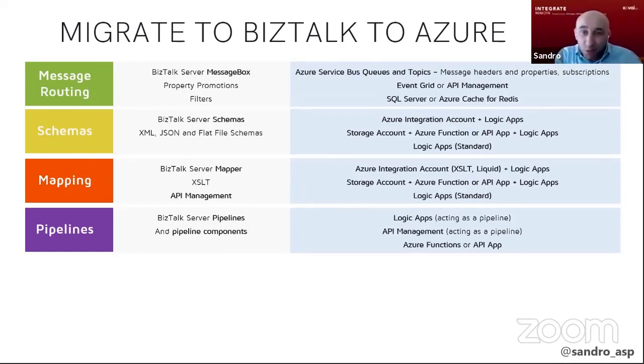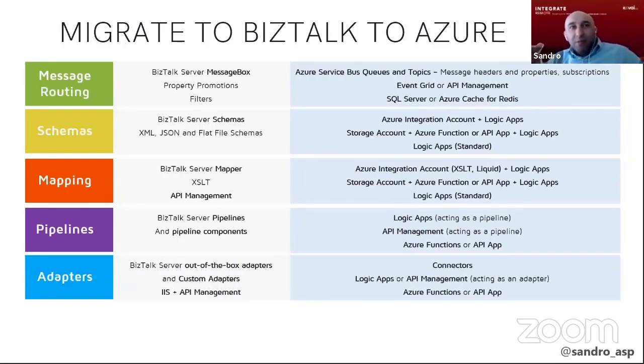This is what BizTalk does in a pipeline most of the time. No, well, you can use again code as a function or API app. Again, depending on the taste, depending on the requirements. You want low latency, or it doesn't need to be low latency. You want to have more control on the cost, and so on and so forth.